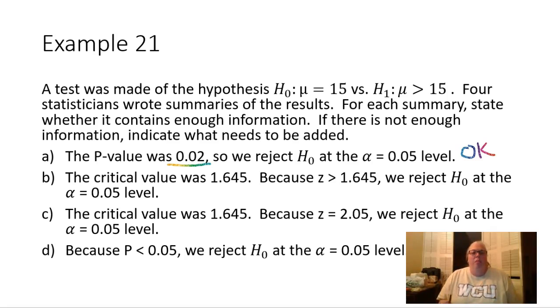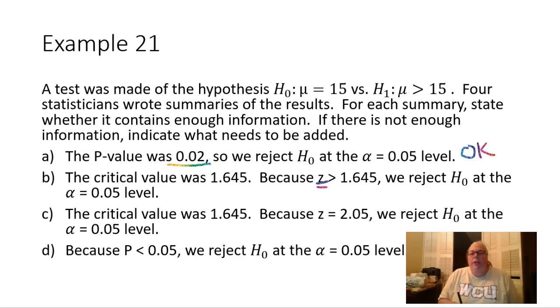All right, part B. The critical value was 1.645 because Z is greater than 1.645. We reject the null hypothesis at the 0.05 level. Okay, this one is actually missing something. We would love for them to include the Z statistic, whatever it's going to be.